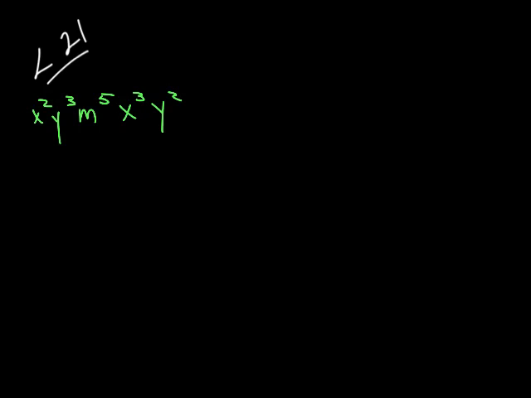All right, so what can we combine here? We can combine my x's and get x to the 2 plus 3 is 5. I can then combine my y cubed and my y squared and get y to the 3 plus 2 is 5. And I have nothing to combine my m with, so my m just stays there all by itself.